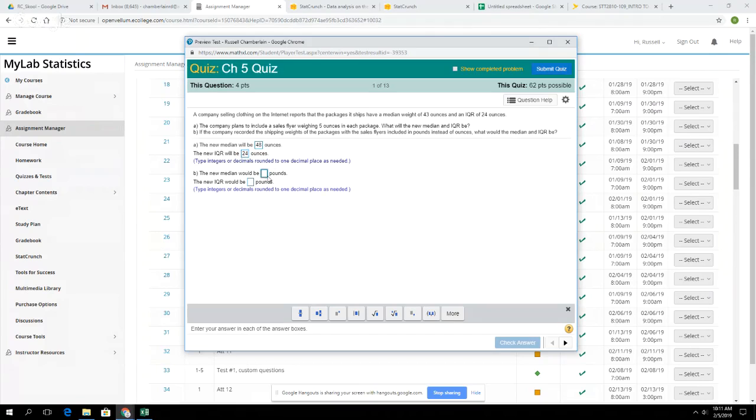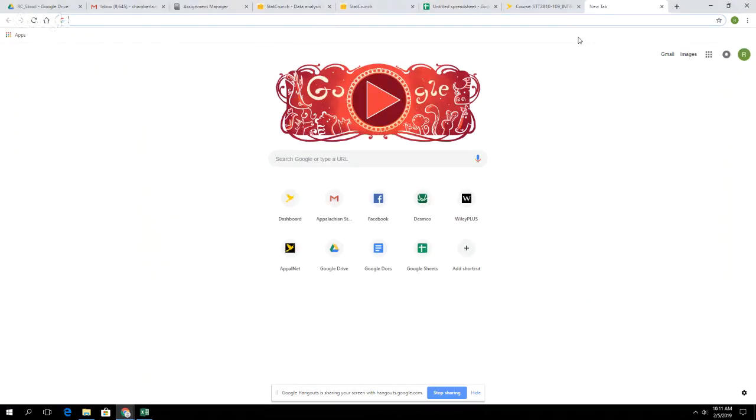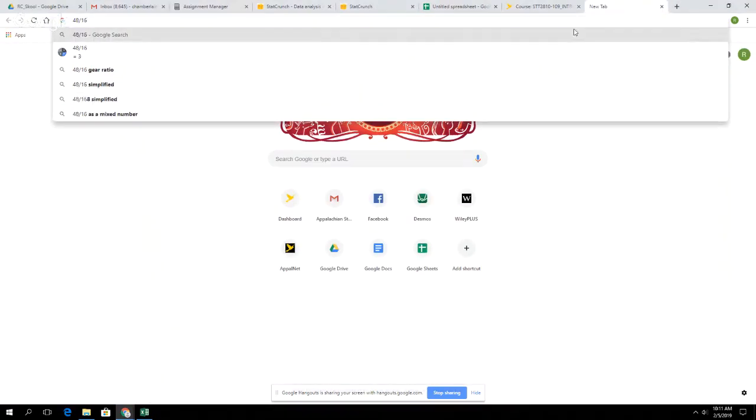Now the second part, we're converting to pounds, right? So we're going to divide by 16. I'm picking up a calculator to do this, but now these shifts and stretches, I actually recommend a calculator for these. The other option, 48 over 16? 3. That's another way to do it.